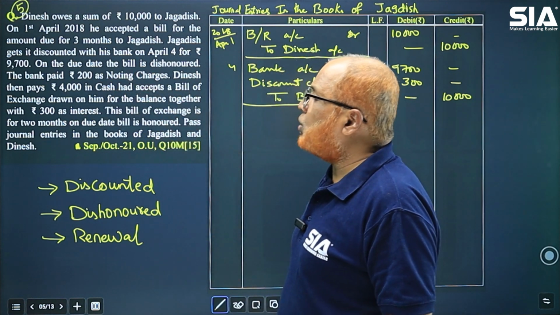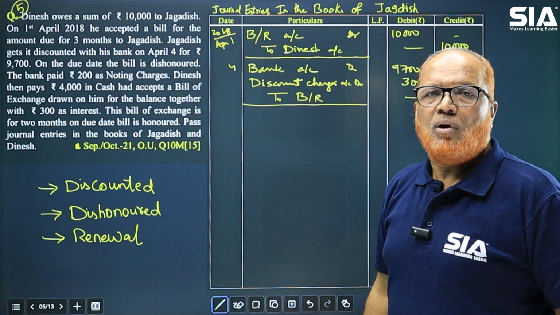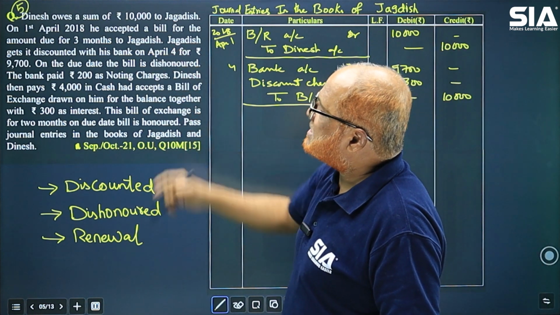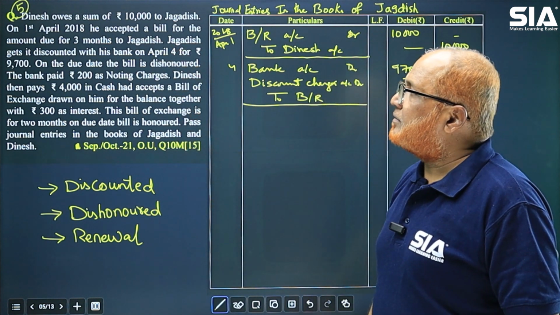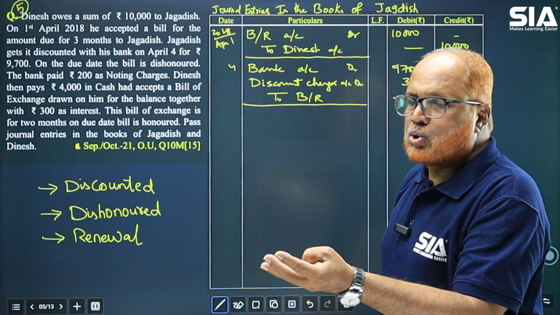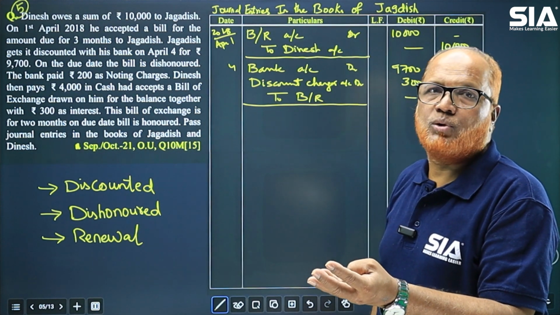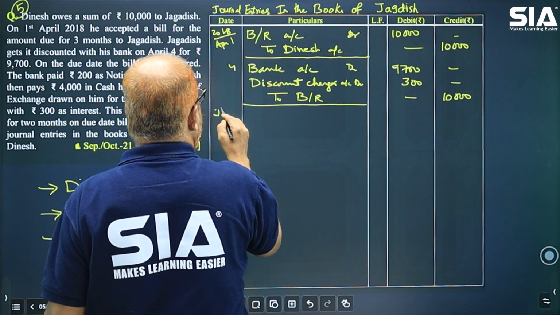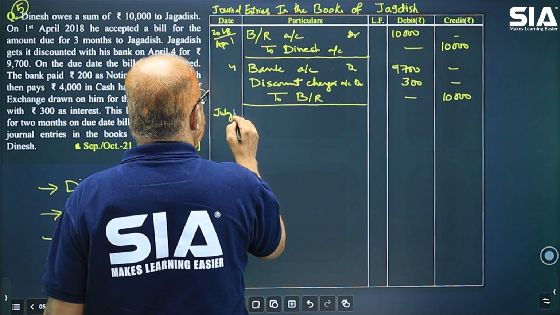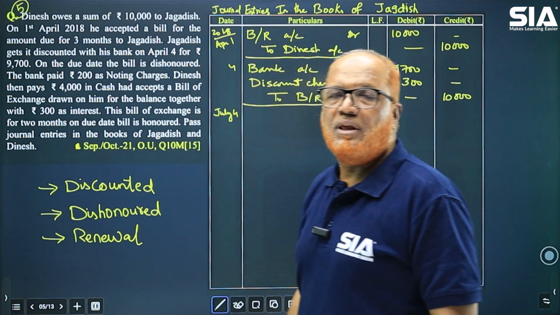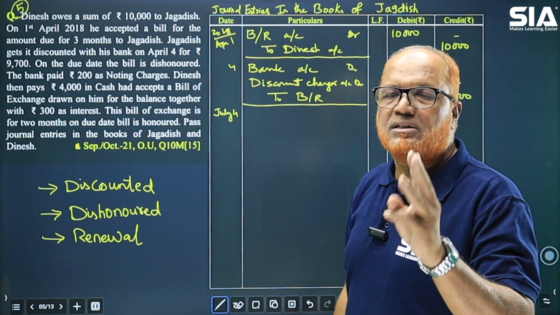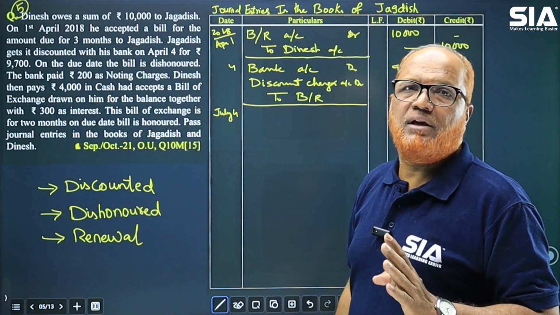The bank paid 200 as noting charges. The due date: the bill was drawn on 1st April. So for 3 months, April to May, June, July 4th. July 4th is the due date. Remember the dates. In examination, you have to write the maturity date. 3 months, exactly after 3 months, 3 days grace days should be given.